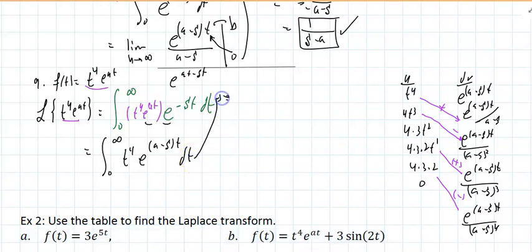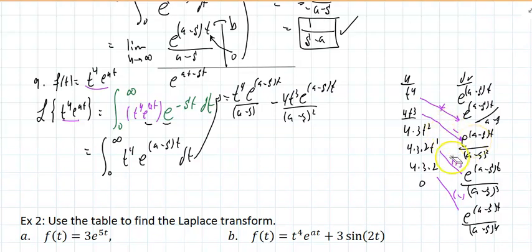That's going to equal, and let me write it out. It's going to be t to the fourth e to the (a minus s)t divided by a minus s, minus 4 times 3, 4t cubed, e to the (a minus s)t divided by (a minus s) squared.